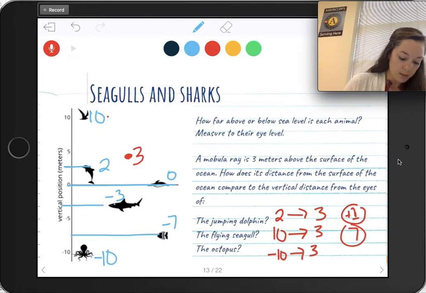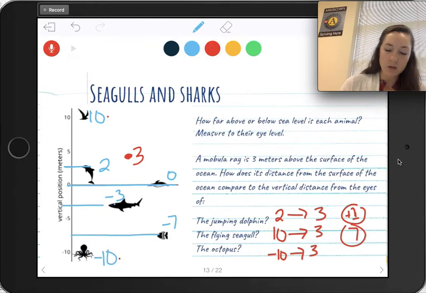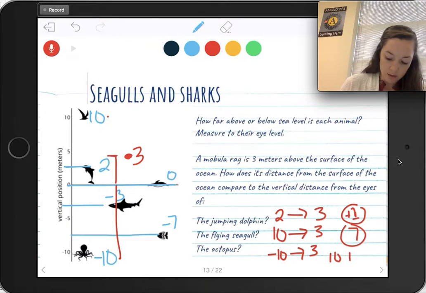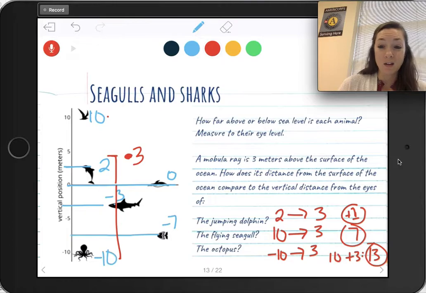If our octopus is at -10 and our ray is at 3, we can't just say it's 7 away because we have to go all the way to 0. So that's 10. And then we have to go 3 more to get to that 3. So it's really 13 away from the octopus.